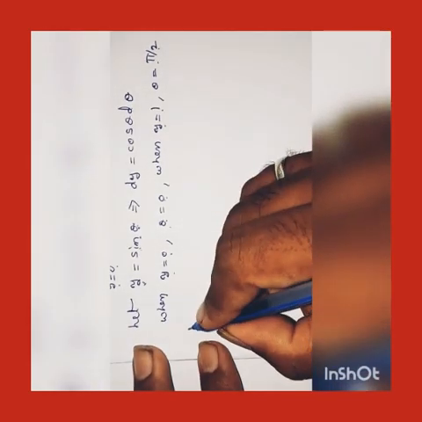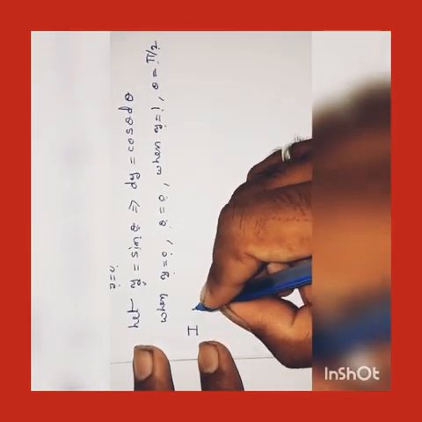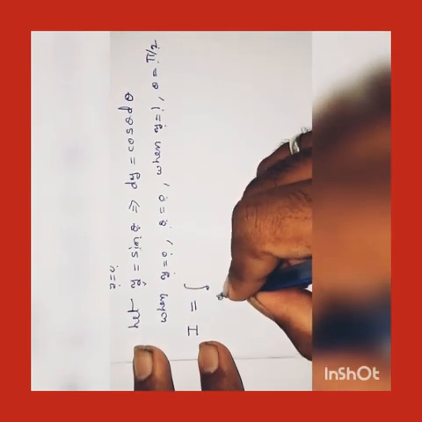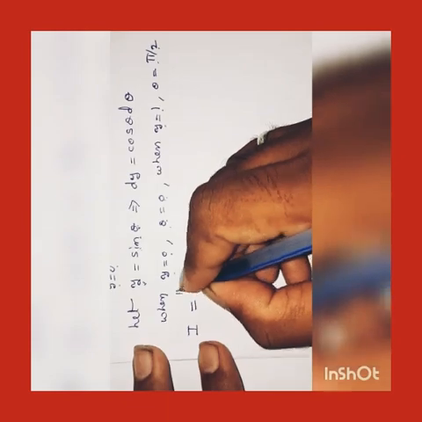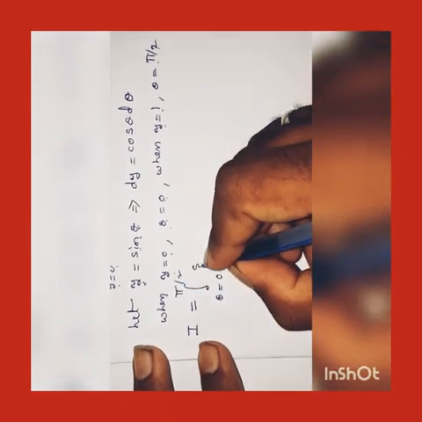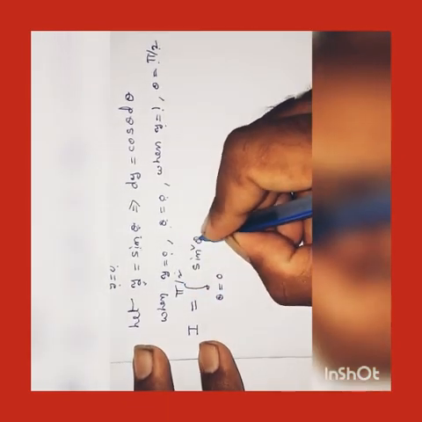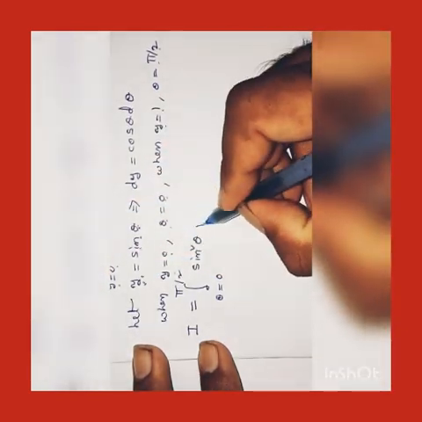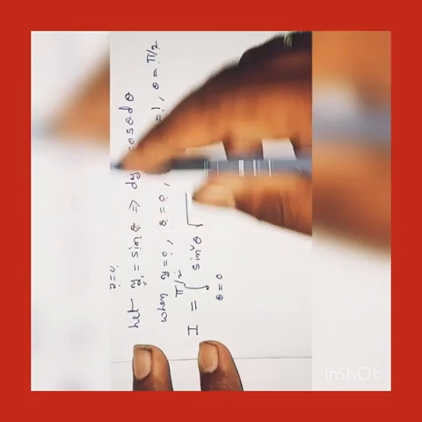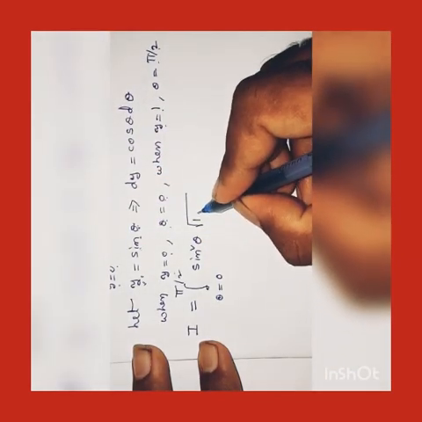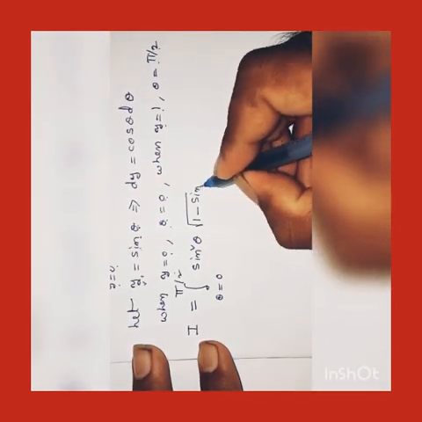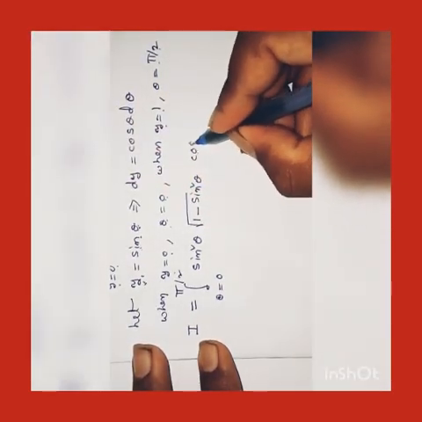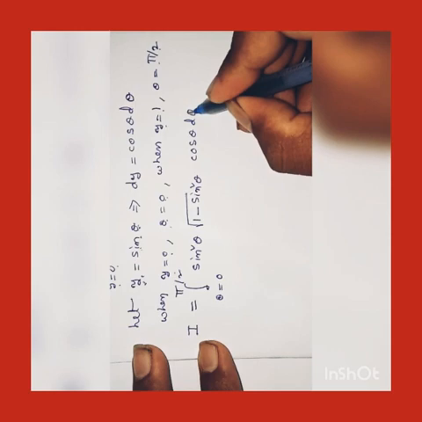Now let us consider the given integration as I. Therefore I is equal to the integral from theta is equal to 0 to pi by 2 of sine square theta, since y is equal to sine theta, y square is equal to sine square theta, root over 1 minus sine square theta, times dy, which is cos theta d theta.